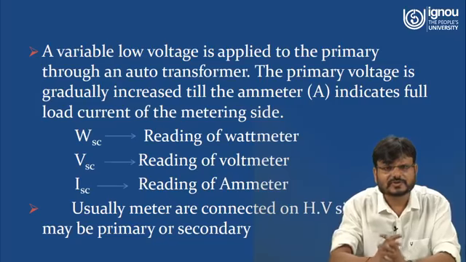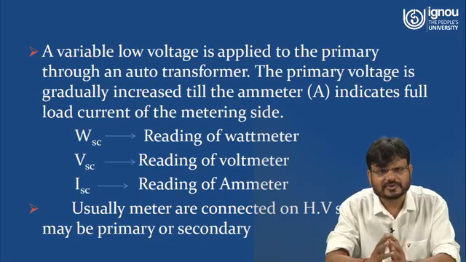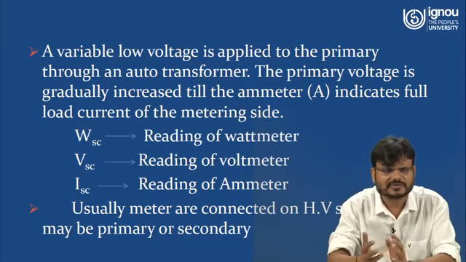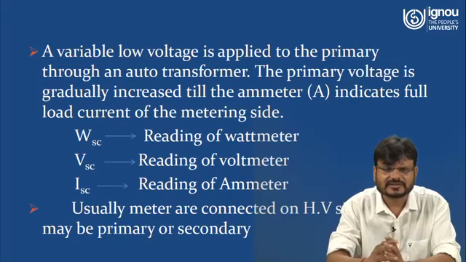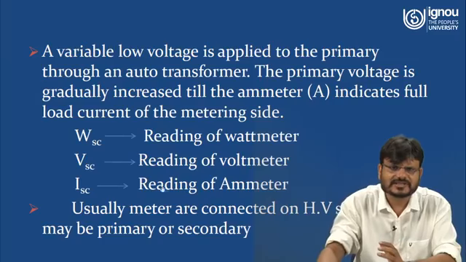A variable voltage is applied to the primary through an auto transformer, as you have seen in the diagram. The primary voltage gradually increases till the ammeter indicates the full load current of the metering side. The reading of the wattmeter gives the short circuit losses, or variable losses, denoted by WSC.